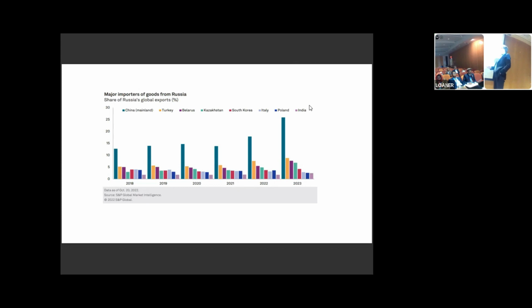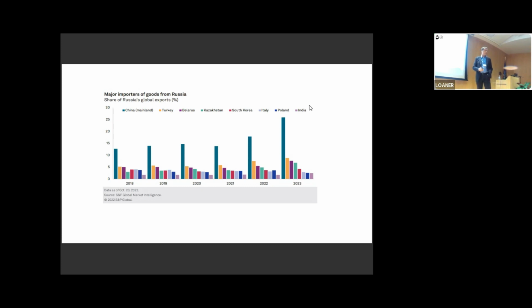of Russia into Ukraine. Now, major importers of goods from Russia are China, for which we forecast strong growth for 2023, then Turkey, Belarus, Kazakhstan, and Italy and Poland are still mentioned, but there is an embargo, and they don't pick up any goods anymore from Russia.